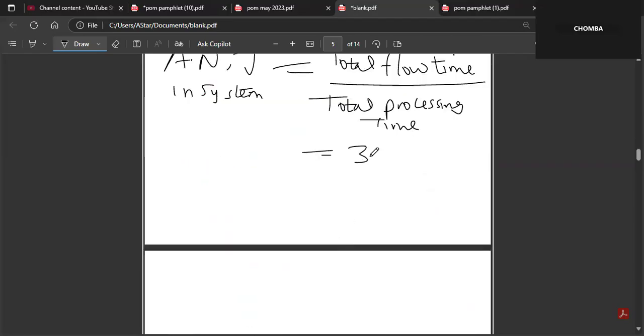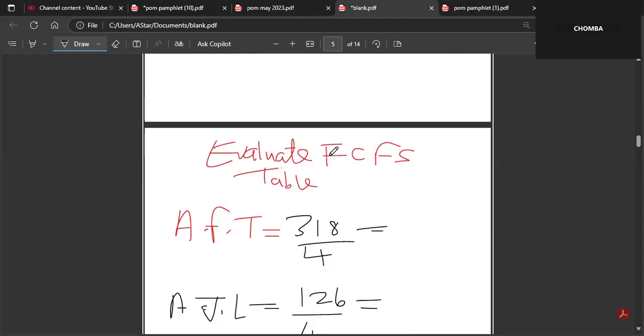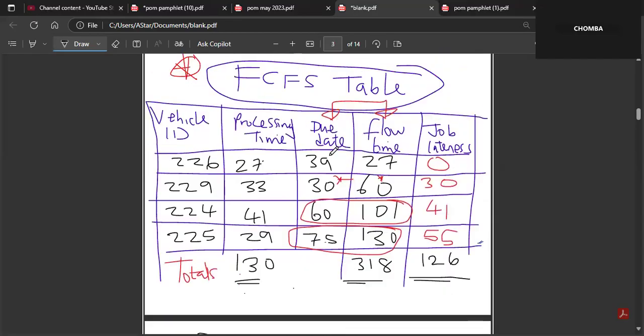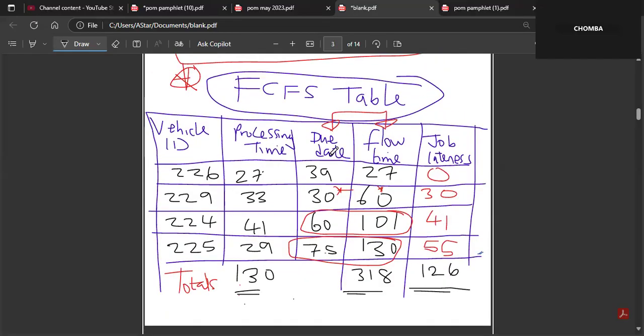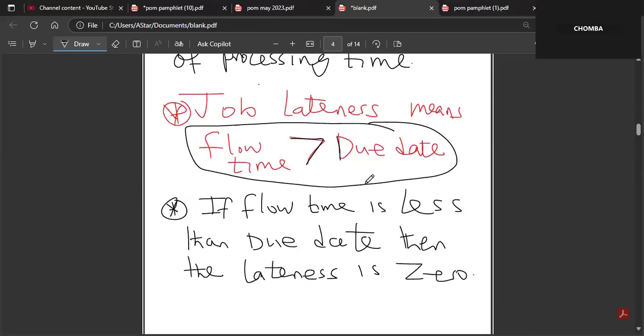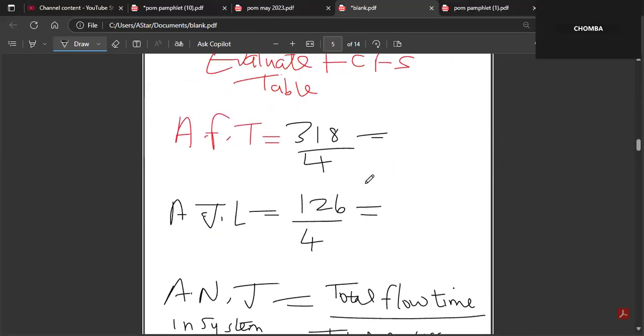So it's going to be 318 over 130. So we find the average number of jobs in system. So let's sort out the issue. What is the average flow time, average job lateness, and average number of jobs in the system? Get a calculator. I don't know if you have a calculator with you.